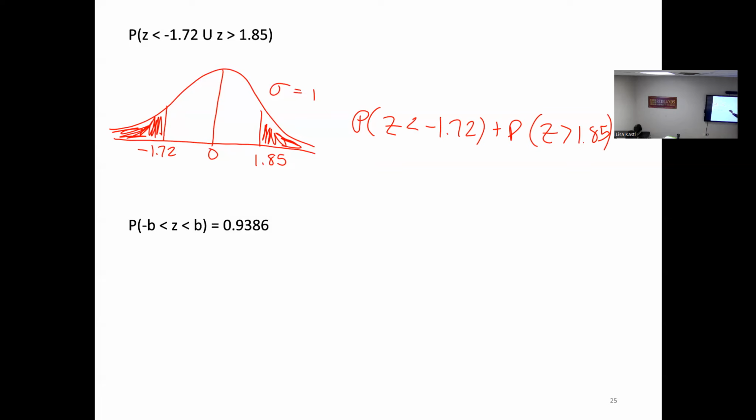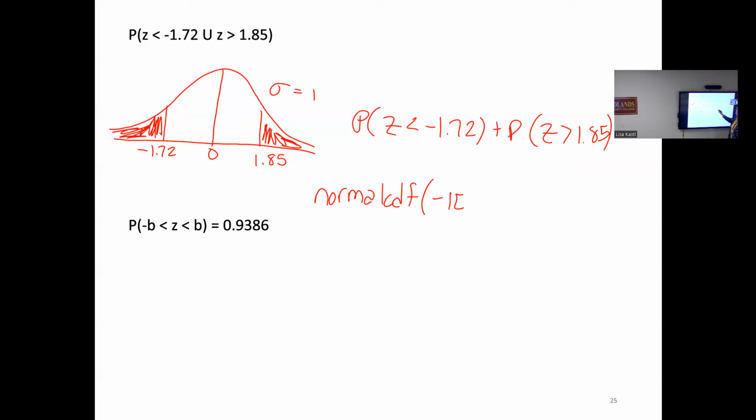All right, so I'm going to go to my calculator and do a normal CDF for negative 1 times 10 to the 99, negative 1.72, 0, 1.